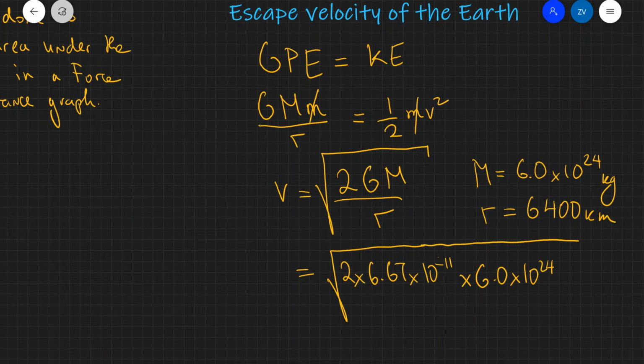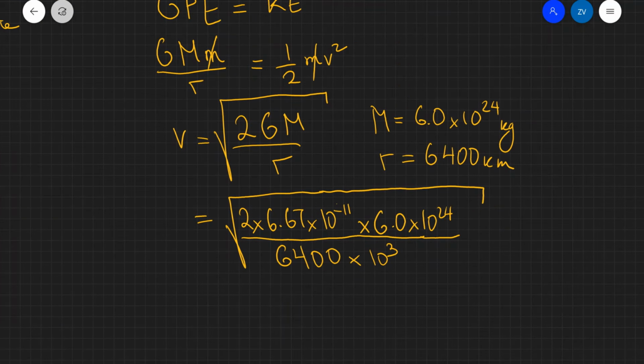Let's make sure we square root everything. Then we're going to be dividing this by the radius of the Earth, which is 6,400 kilometers, so that's times 10 to the power of 3. And if we put these numbers into a scientific calculator, we're going to get about 11 times 10 to the power of 3 meters per second. Well, that's about 11 kilometers per second, which is the escape velocity on Earth.